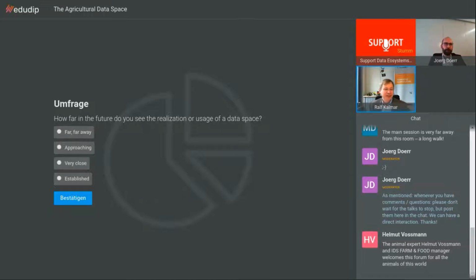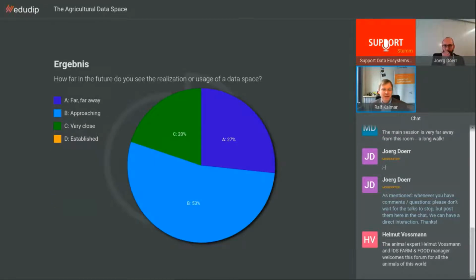Approaching is then within the next 3 years, and far, far away is anything beyond that. Yes, and so I think here about 3/4 of the audience are quite confident that within the next few years we will have this, and 1/5 already stated that this would be very close, but nobody really sees it already established.